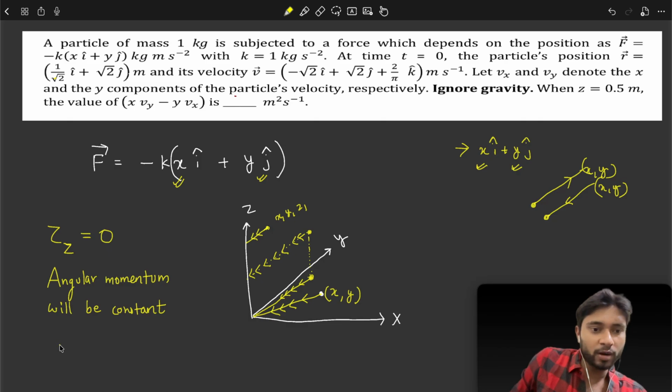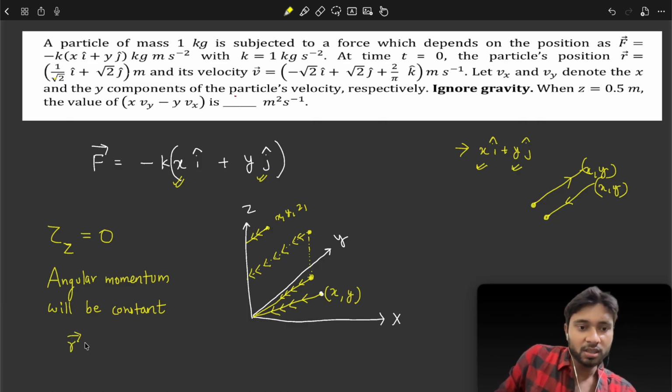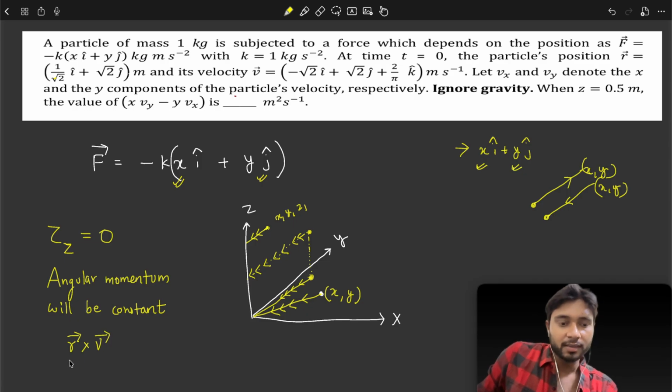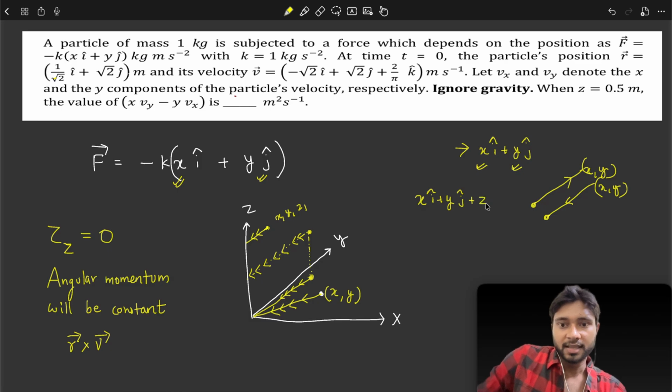So what is angular momentum? Angular momentum is r cross v. r cross v will remain constant, and r cross v is nothing but x i cap plus y j cap plus z k cap, this is my r, cross velocity, vx i cap plus vy j cap plus vz k cap, this will be my velocity.